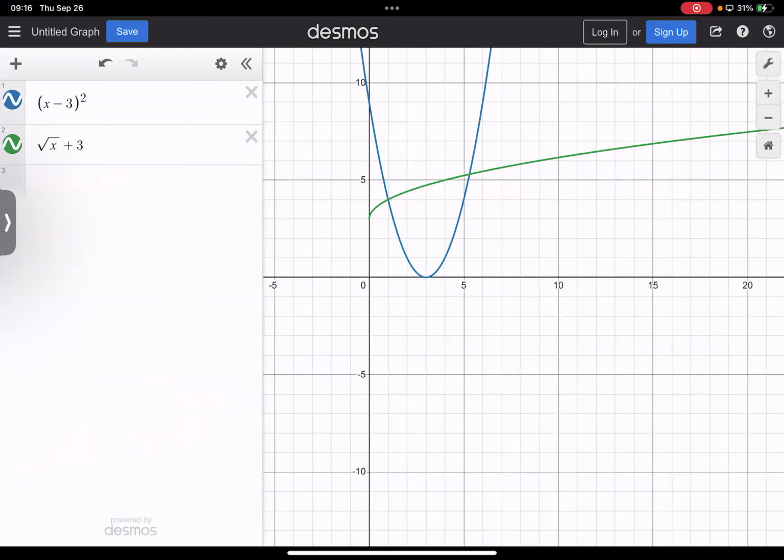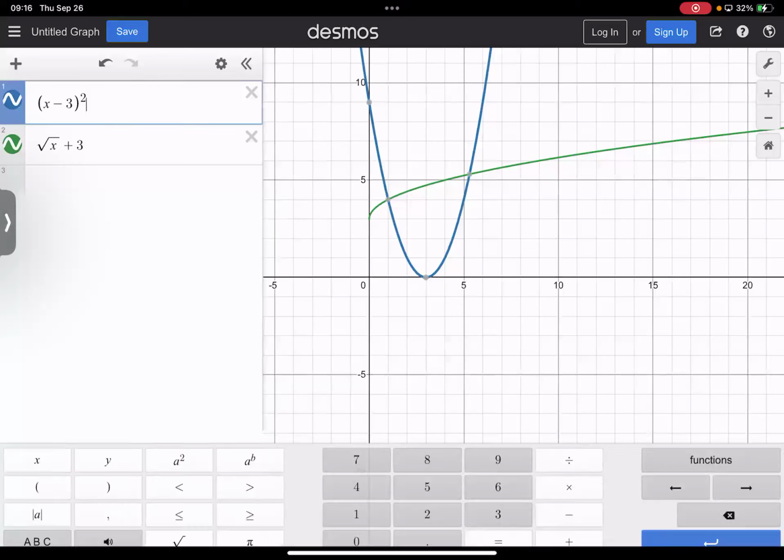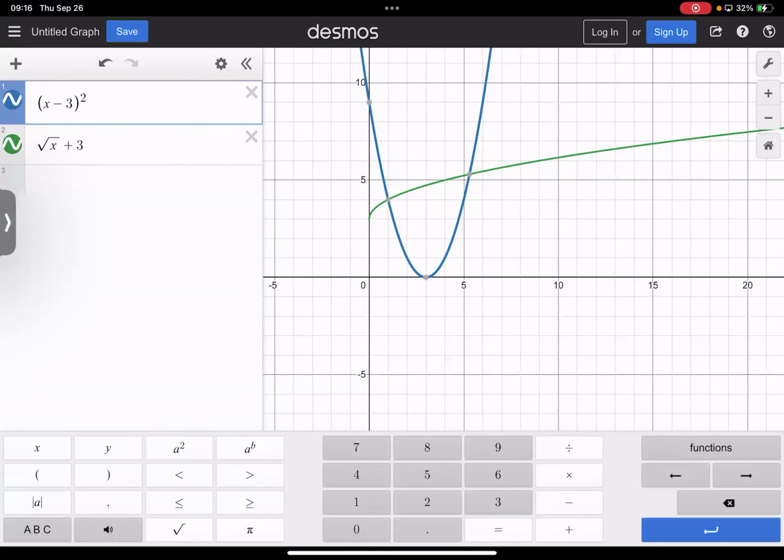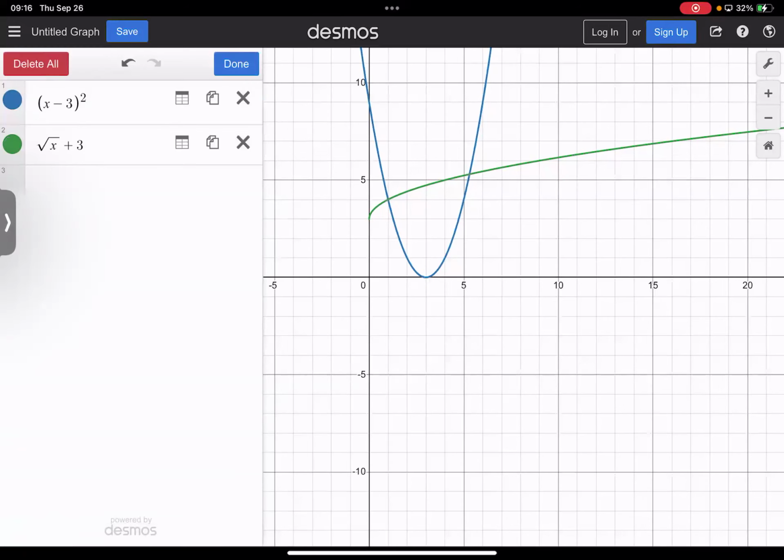Okay, that's kind of hard to look at, I think. What if, can I do something weird here? Can I restrict? Oh, I want to show it. I feel like I can restrict the domain on here, but I can't remember how, so that's okay.